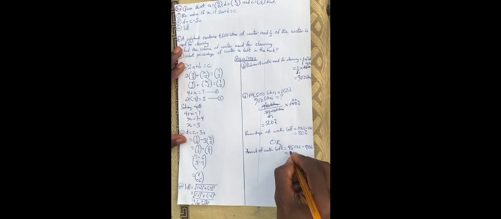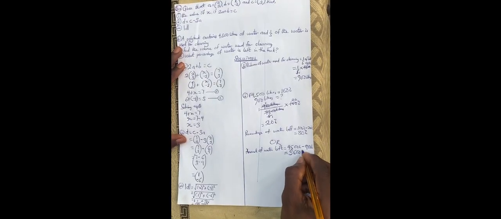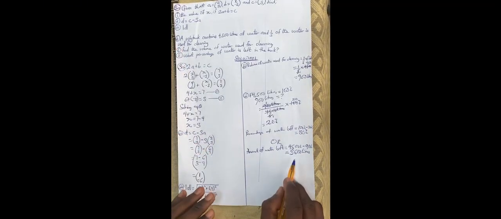So at the end of the day, what are you going to get? You are going to get what? 3,600 what? Liters of water left in the tank. This is the liters of water left in the tank after he used 900 liters. So now the question is, what is this 3,600 liters in terms of percentage?